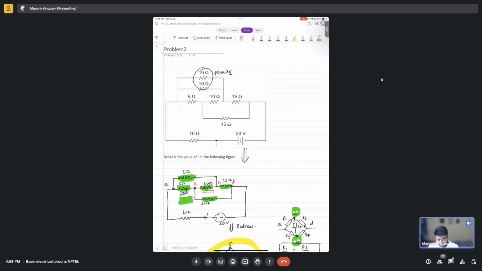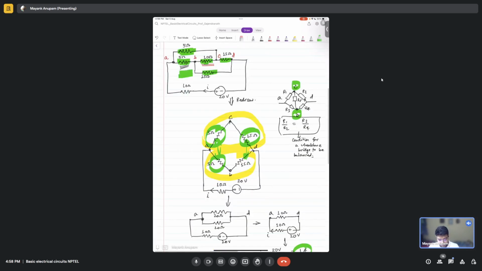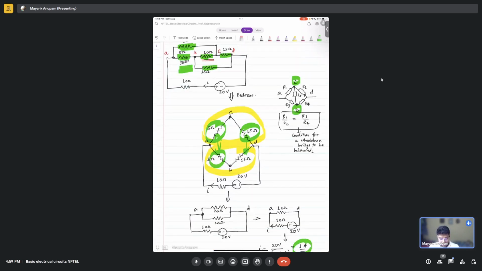If you had written KCL and KVL equations, this would have taken forever and become mathematically very complex or computationally very demanding. But when I read through it in another manner, you were quickly able to identify that it's a balanced Wheatstone bridge, and then you can do it without even taking your pen and paper, right?